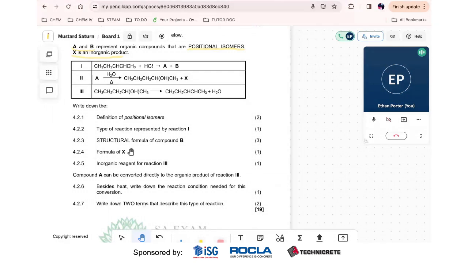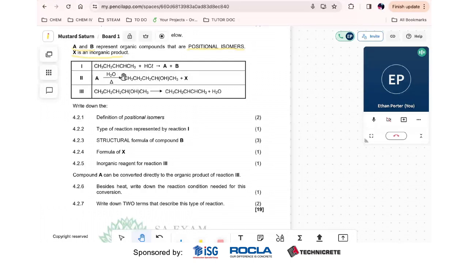So the next question, write down the formula of X. So what is X? We have some starting molecule, and we know what A is. It's this molecule with HCl added across it. So it's a haloalkane, and then it's reacted with water and heat. This is basically a hydrolysis reaction, which means we're going to add OH and essentially displace the chlorine atom.